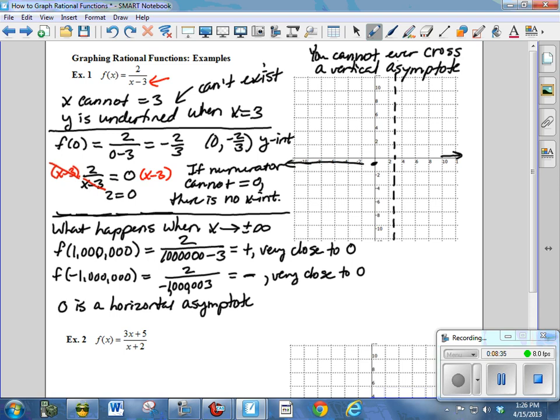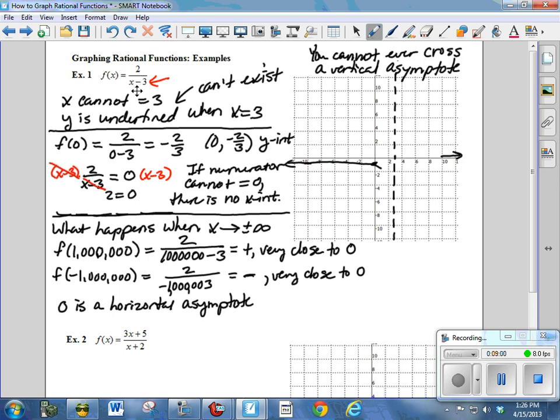Now, what happens when we hit the vertical asymptote? I'm going along here, go through my y-intercept. I can't cross the vertical asymptote, so it either has to go up or it has to go down. If x is less than 3, then this is going to be a negative number.